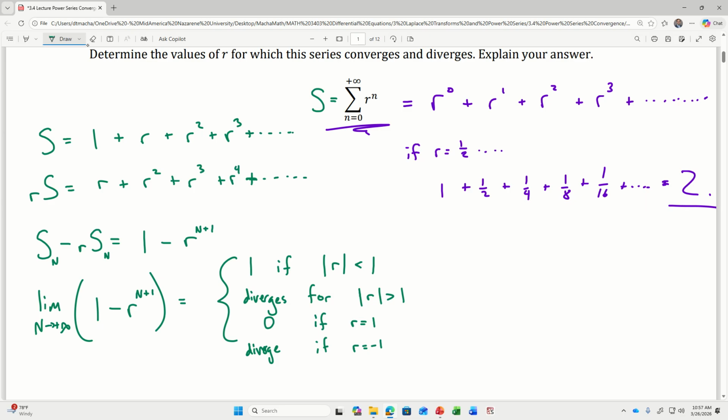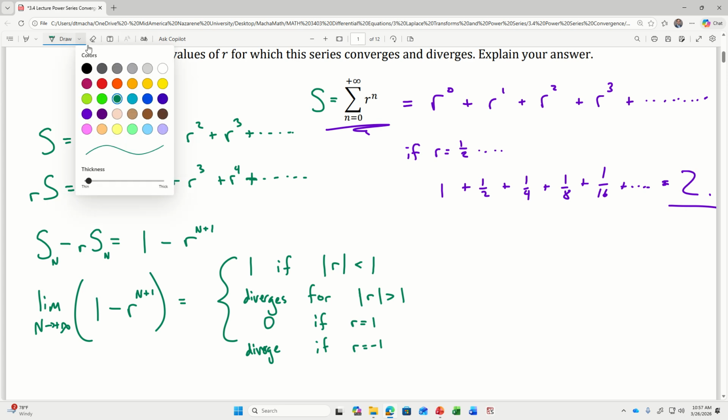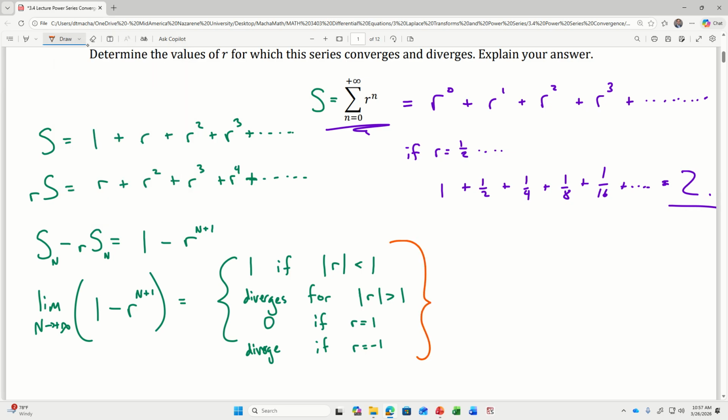Okay, so we figured this out. We have just decided on what is s minus rs. And so let's take just the first case and say s minus rs is equal to 1.